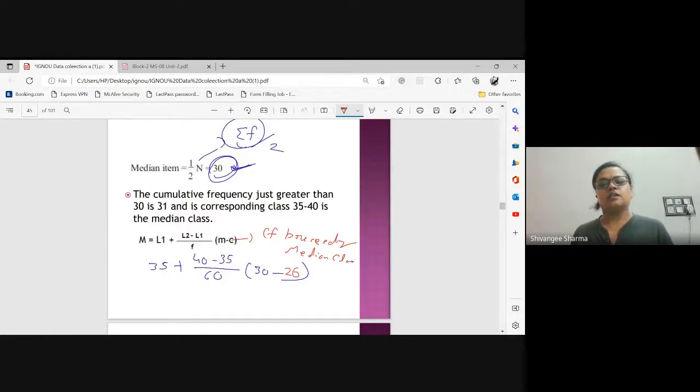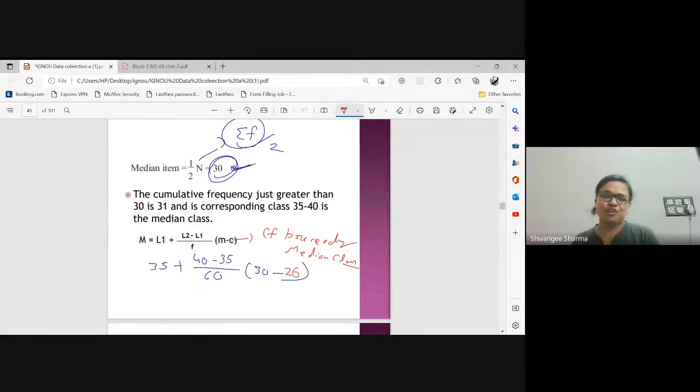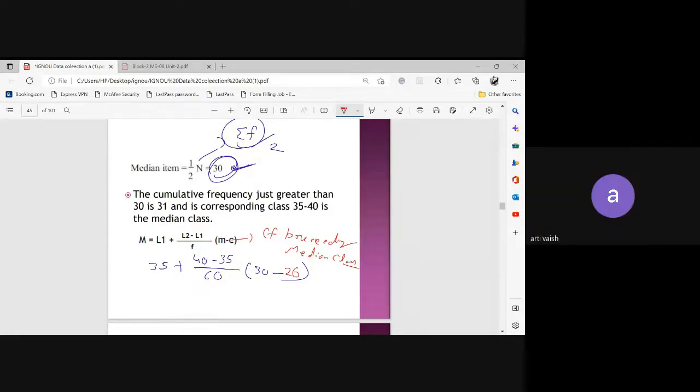Median class. Has anyone got the answer? Yes, ma'am. 40. 40 is exact, 40 is coming. 40 minus 35 कैसे होता है? Oh no, ma'am.